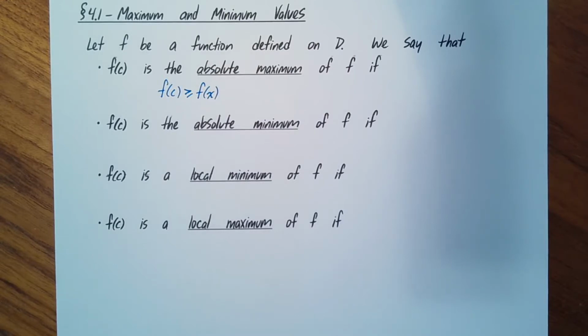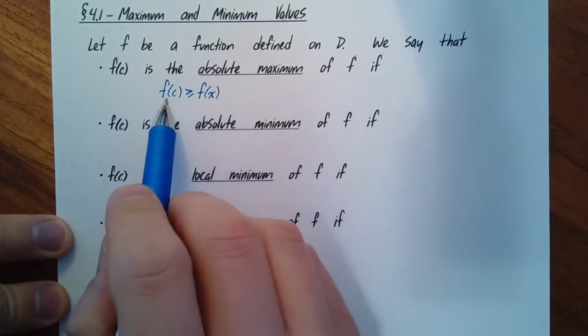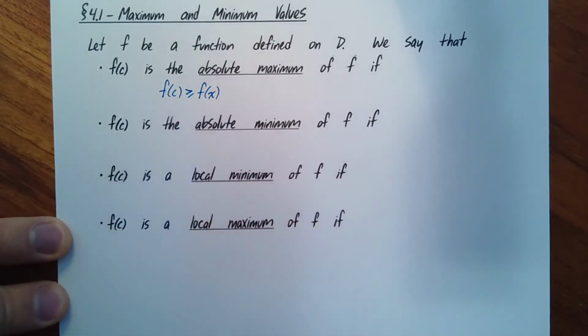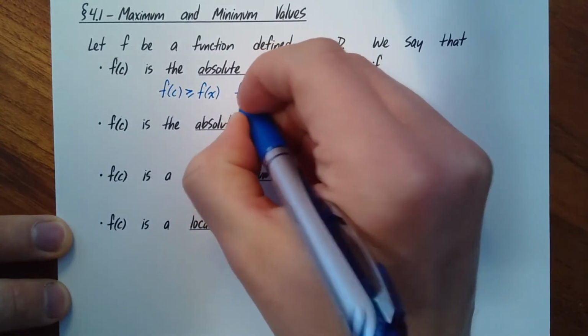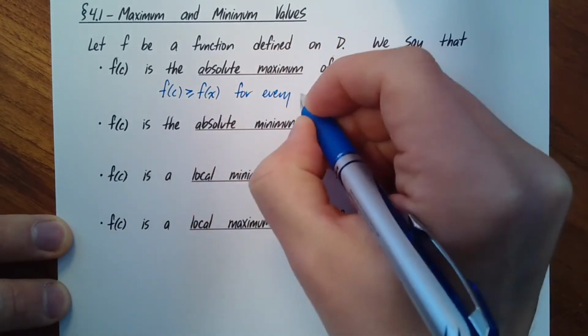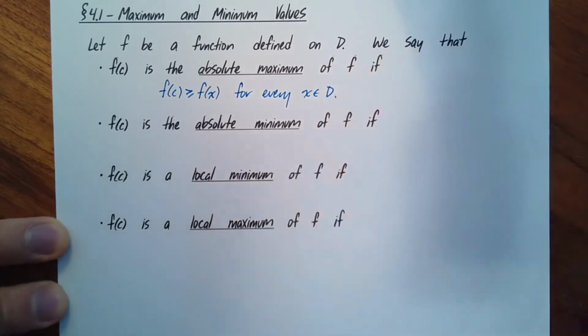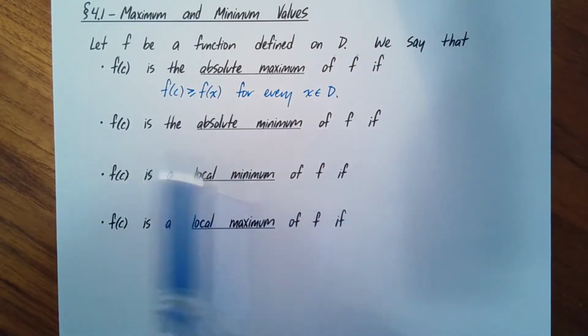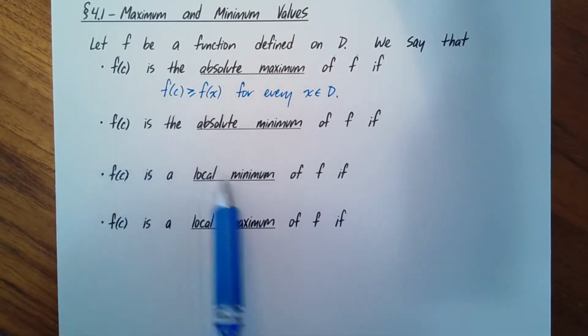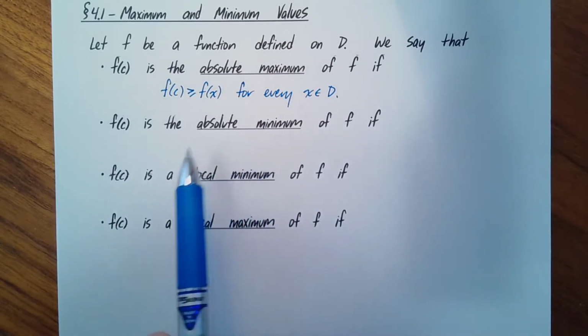Right? There's no other value x that will now give you a bigger output value than f of c. So that's how we'll word this. So to finish the sentence, we'll say f of c is greater than or equal to f of x for every x in D.